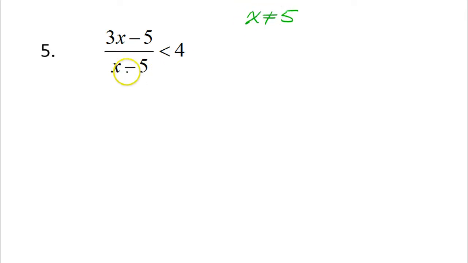I'm setting this equal to 0. That is going to go on the number line. That's a critical value. The other critical value I can find from solving the related equation, (3x minus 5) over (x minus 5) equals 4.